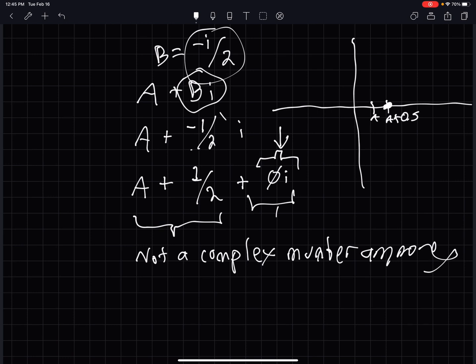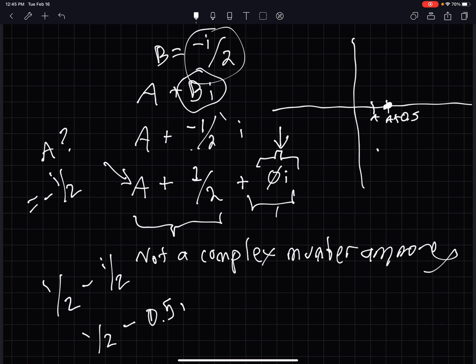And also I would point out, what happens if a, because if we don't know what the value of a is, a could very well turn out to, if a also equals negative i over 2, all of a sudden now this number is going to be complex again. It's going to be 1/2 minus i over 2. Or in other words, 1/2 minus 0.5i.